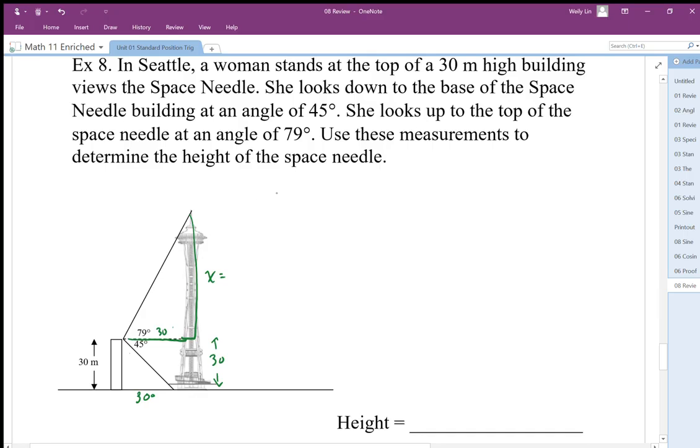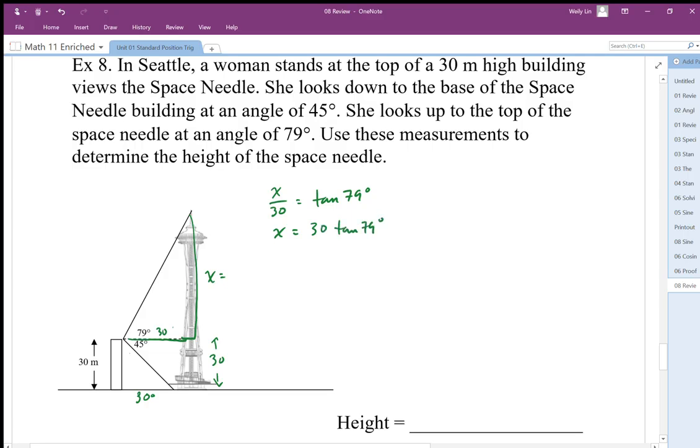So we know that x divided by 30 is going to equal the tan of 79 degrees. Solving for x, we end up with 30 times tan 79.